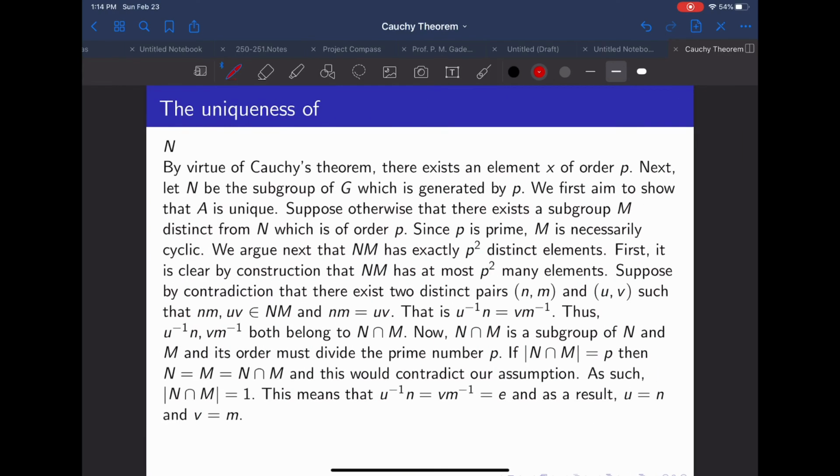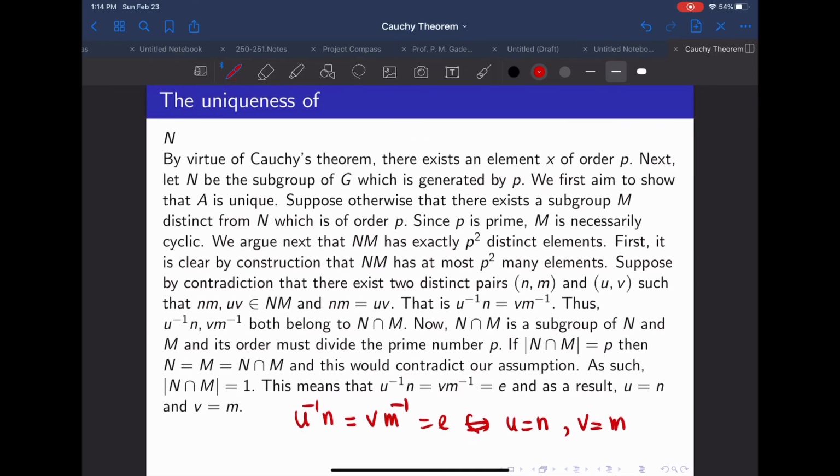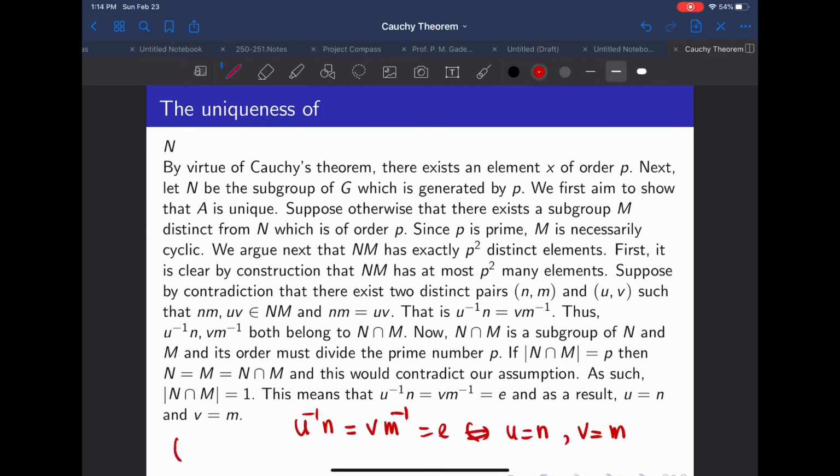But this will mean that u inverse n must be v m inverse, which must be e. But this will imply that u must be n and v must be m. But this will mean that the pair nm must be equal to the pair uv, again contradicting the assumption that nm and uv are distinct pairs.